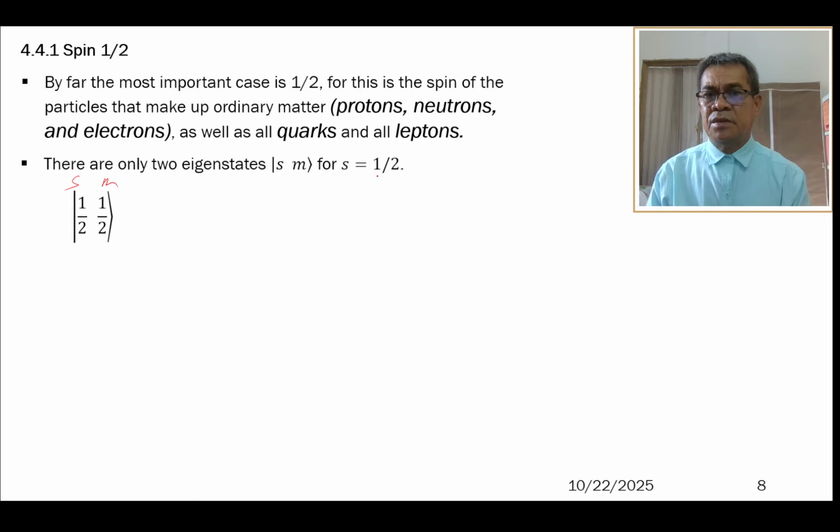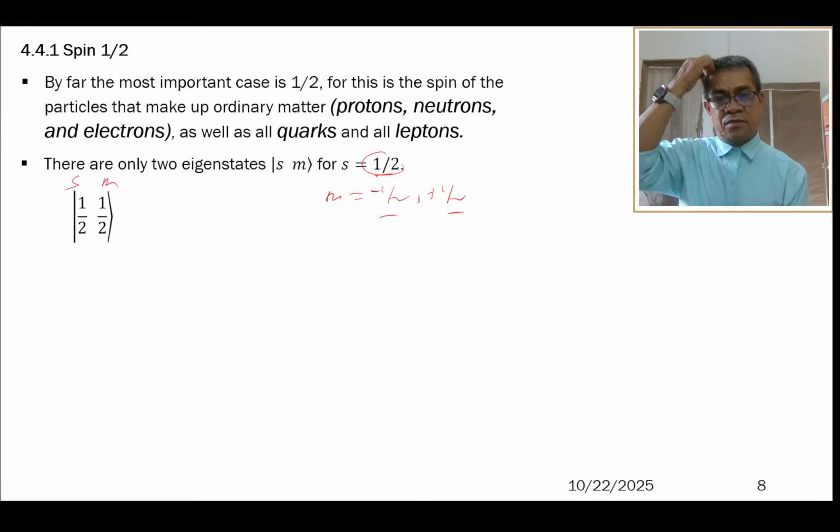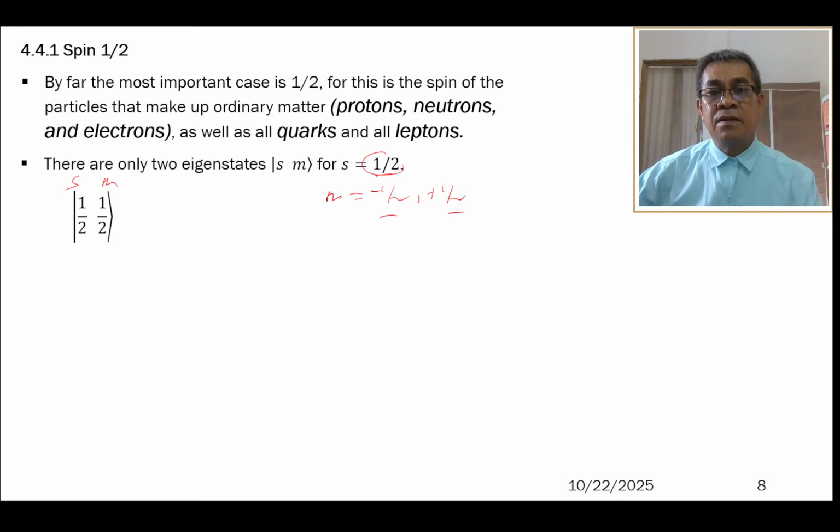So remember, since s is one half, then our m is only negative one half and positive one half. So there are two kinds of states we can provide. And remember, m depends on the value of s. Since the value of s is one half, it starts with negative one half, and the next is one half. So we have the two kinds of states.